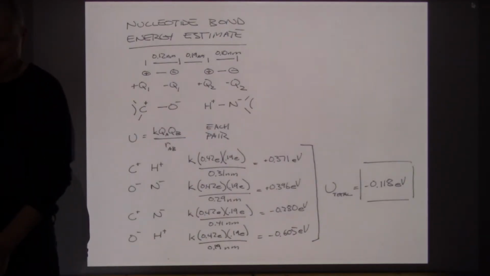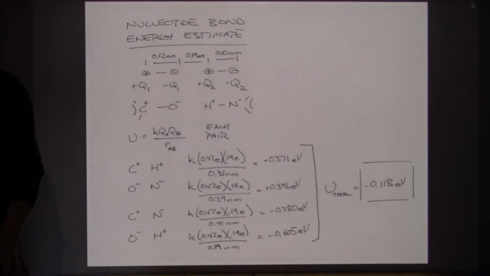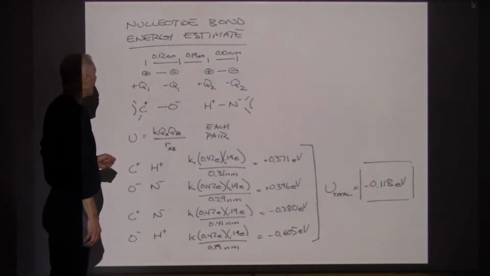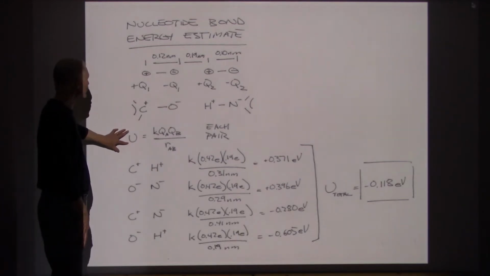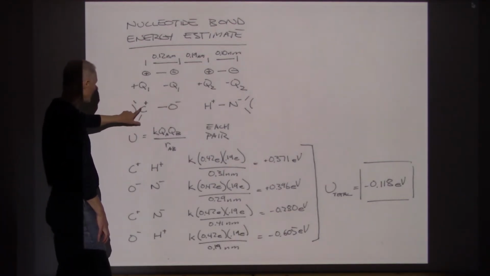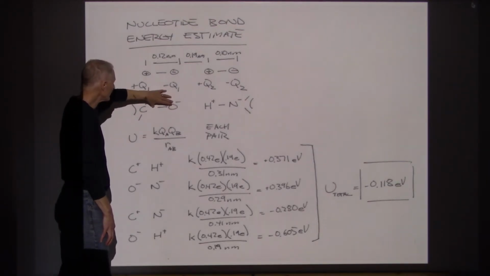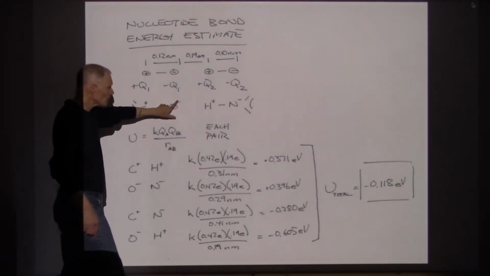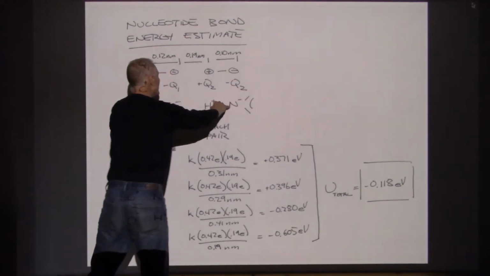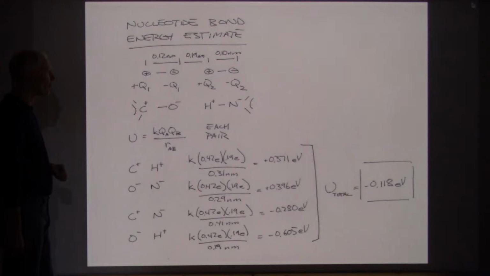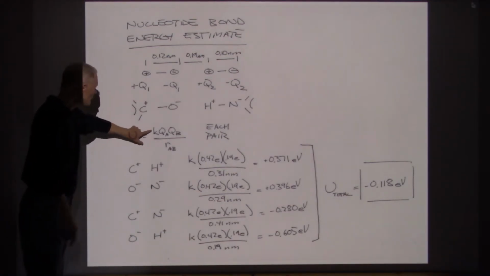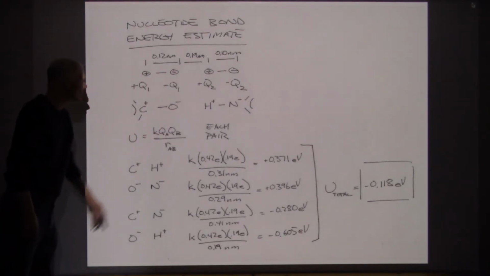Now this is a little detailed, so anyway, what's the overall potential energy acting between, what did we have? A carbon and an oxygen over here, so there's a plus and a minus here, and there's a plus and a minus here, and what we want to find is the overall potential energy. So I can just repeatedly use k Q_A Q_B over the distance.